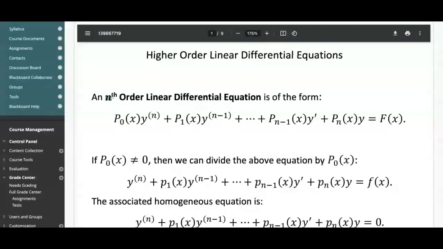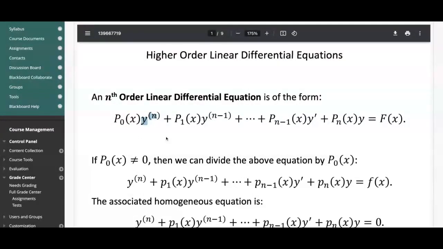Now, nth order: first order, second order, third order, up to nth order, finitely many. An nth order linear differential equation is of this form. All those symbols are just symbols of functions. You see, this is a function in terms of x.